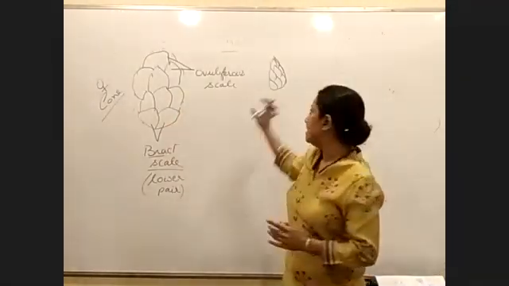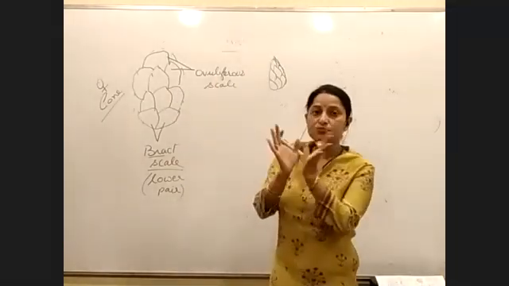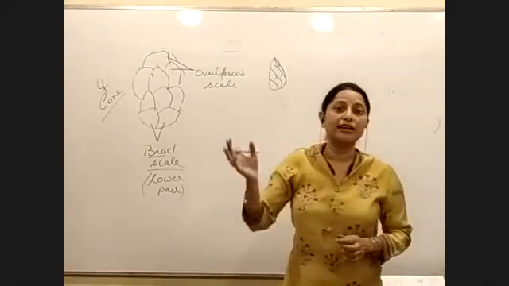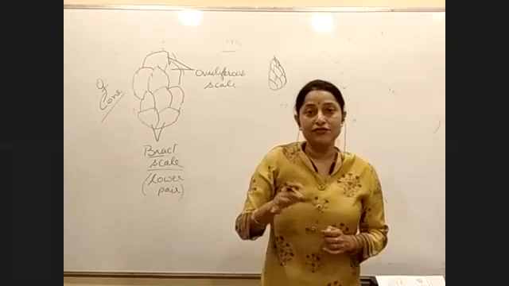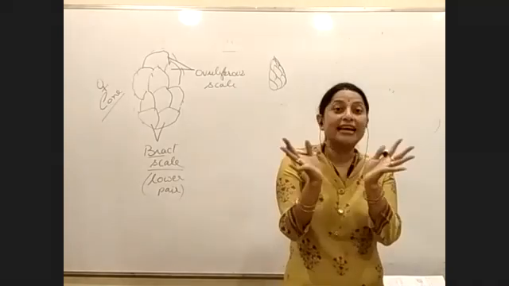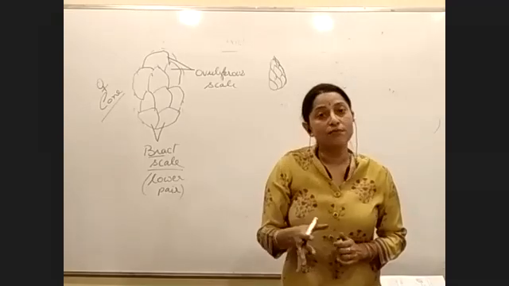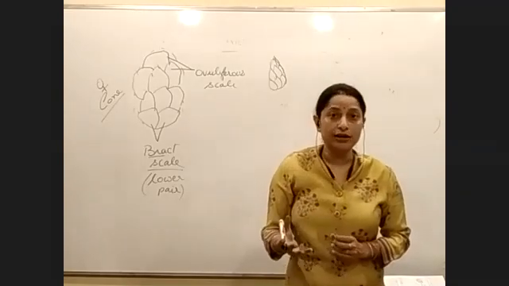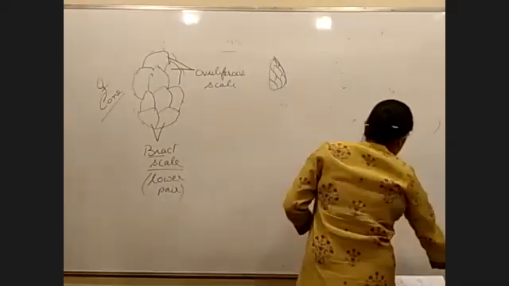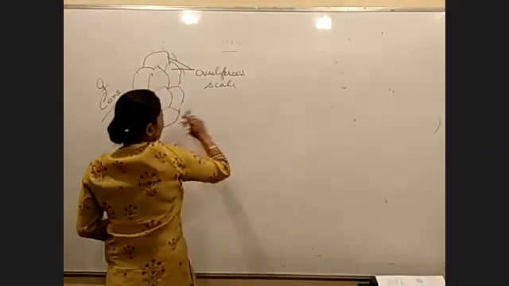Initially it is compact, and as time passes, as the cone matures, the sporophylls spread out. So next time, if you are fortunate enough to go to an area where you see pine trees, look below: cones lie fallen. Some cones have sporophylls slightly spread apart, and some cones are completely compact. Seeing a compact structure, we know this is not a very matured cone, and if it is spread a little, then we know that this is a matured cone. Okay, so we have an idea about the cone.